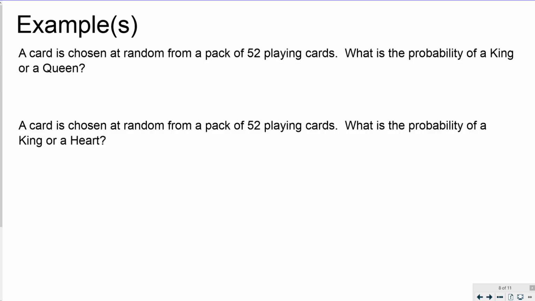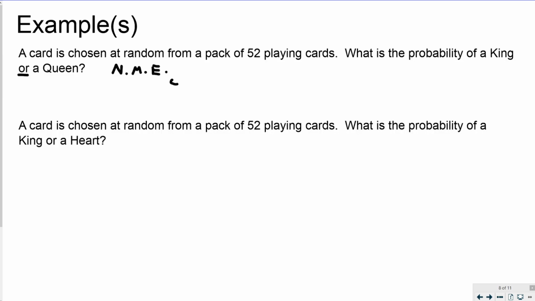Okay, so let's take a look at some examples here. A card is chosen at random from a pack of 52 playing cards. What is the probability of a king or a queen? So these are non-mutually exclusive events, which means to calculate the probability of an or happening, I just have to add their probabilities together.